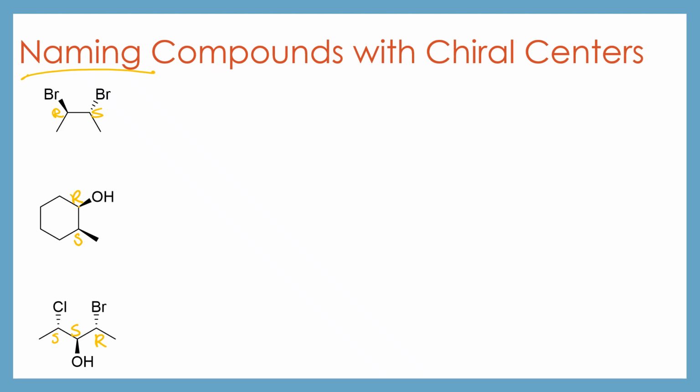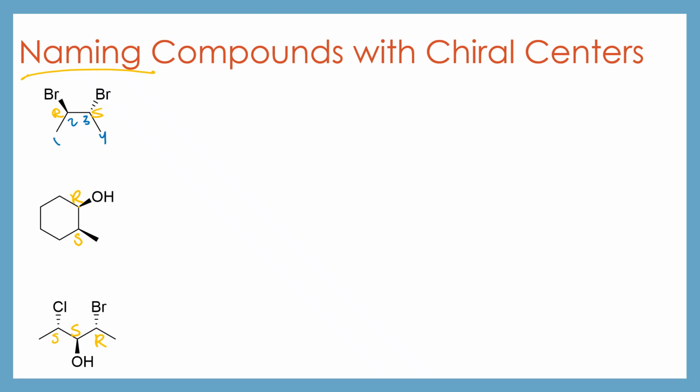So we're going to follow just all the same rules that we already know. Pick a side to start numbering from. 1, 2, 3, 4. I don't think there's any sort of priority system for putting R or S, but I numbered from the left.